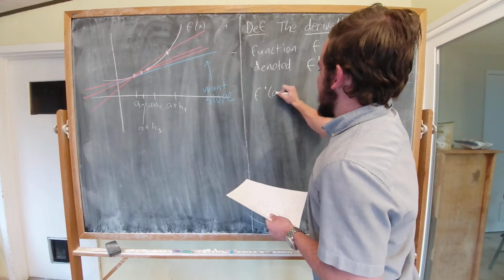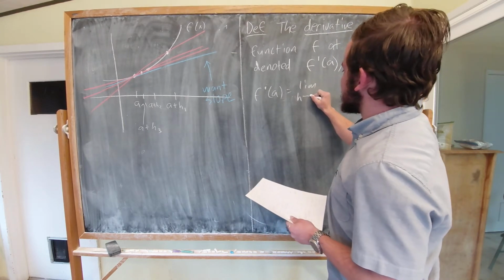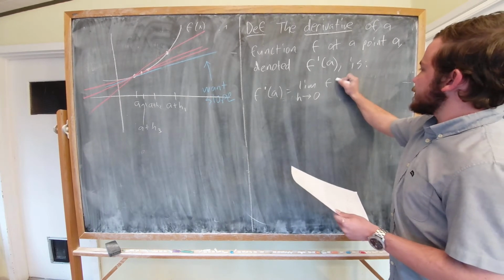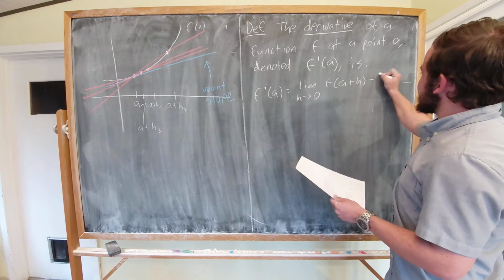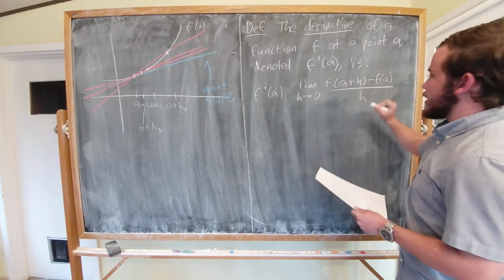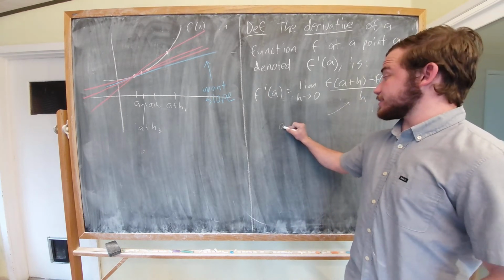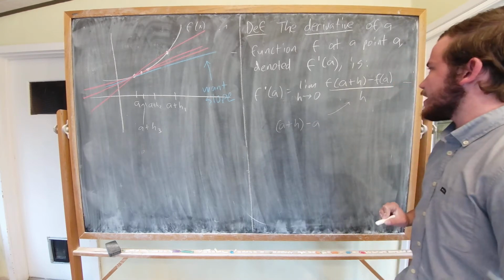F prime of A is the limit as h goes to 0 of f of A plus h minus f of A divided by h. And let's just recall here that h is the same as A plus h minus A.